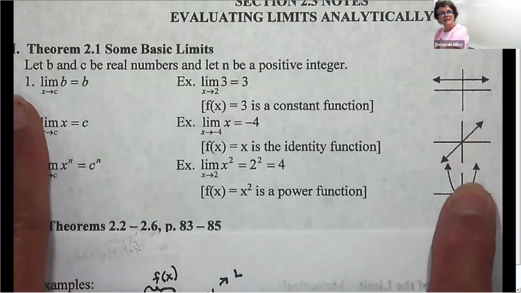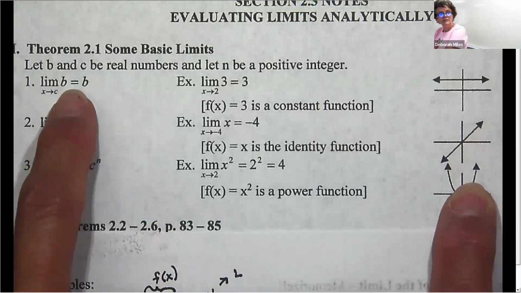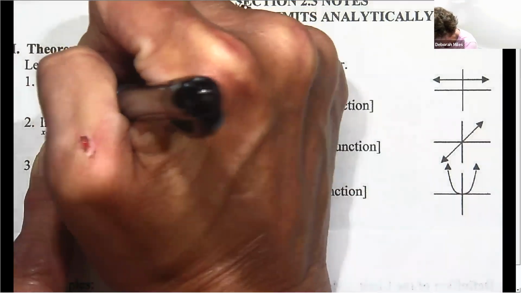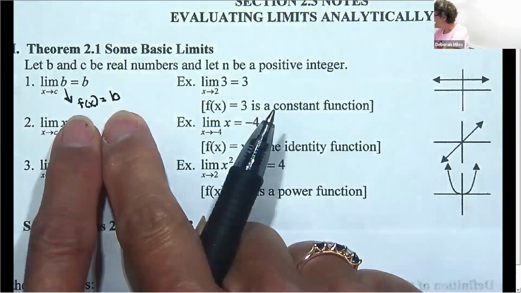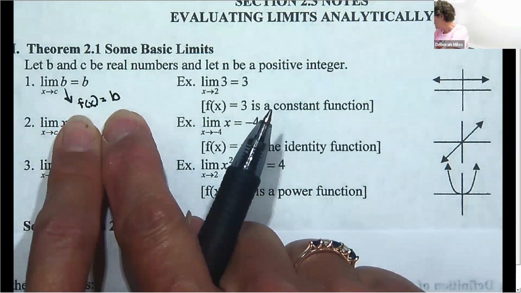If you have the limit as X approaches C of some constant, your function you're talking about there is just f of X equals a constant. What does f of X equals a constant look like? Or Y equals a constant look like when you graph it?